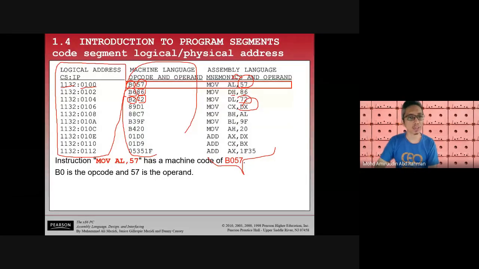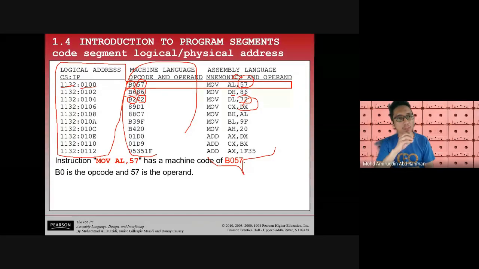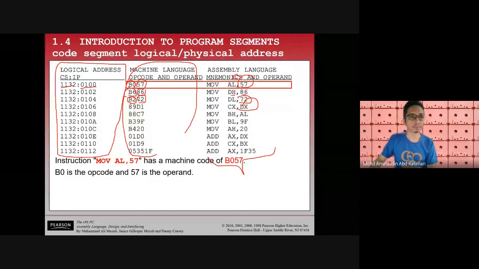Usually what we have is this: move can also be in terms of other numbers. So you can look here: moving AL, the code is B0.